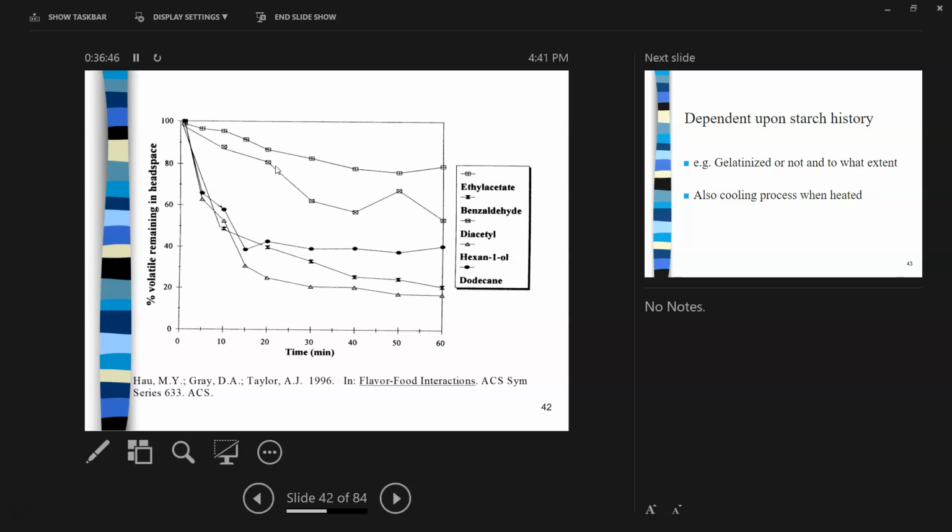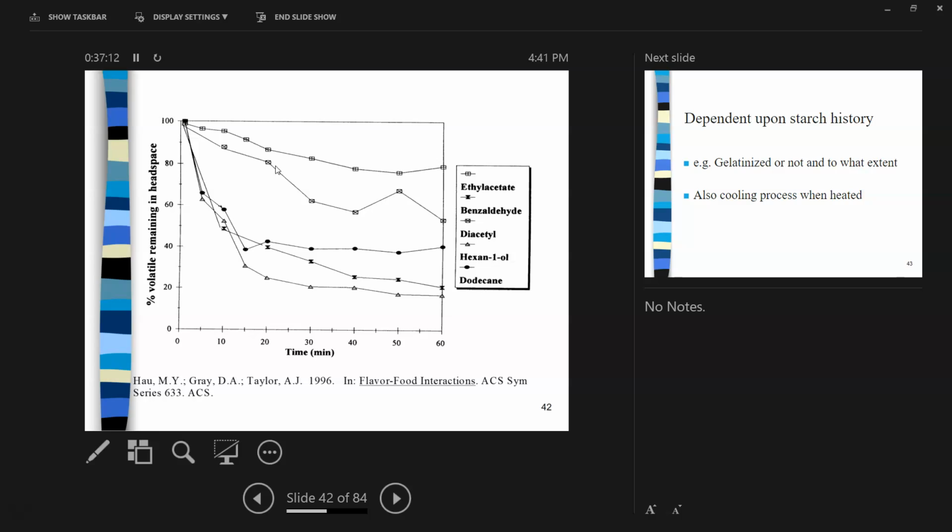And this is now where Andrew Taylor put starch into solution and basically put different flavor molecules into that starch block solution. It's a gelatinous starch. And so here's time 0. All these chemicals were put into the aqueous solution of starch, and then he simply monitored the volatility, the freedom of these molecules over time.